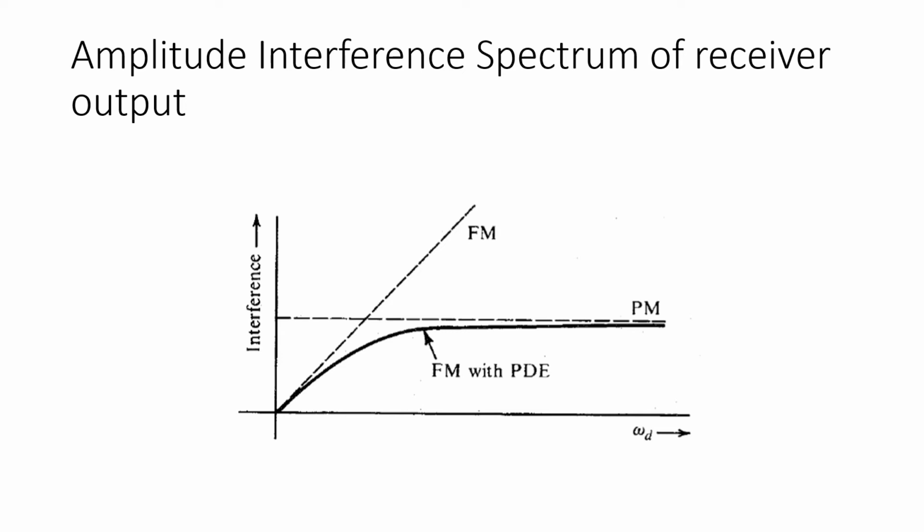That means all the frequencies are affected equally in PM, but the interference effect is linearly increasing with the frequencies for the FM system. It means this interference affects the higher frequencies of the FM system more. This is an important takeaway from this slide.